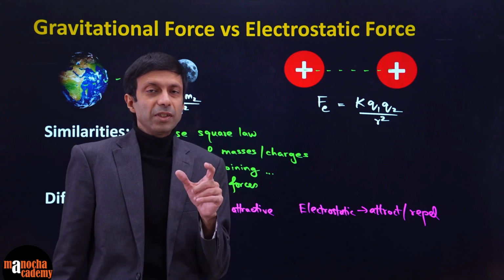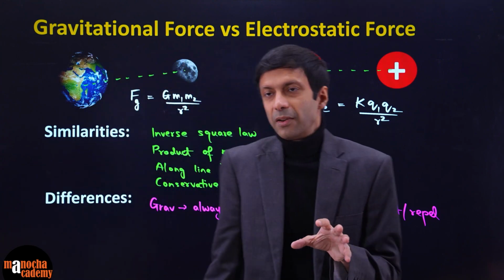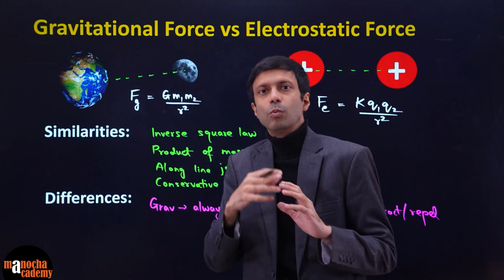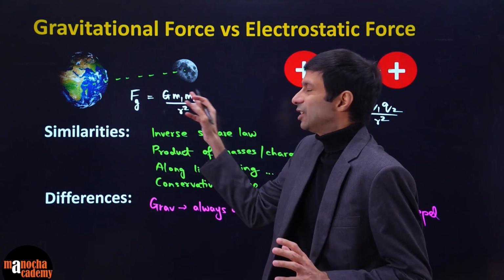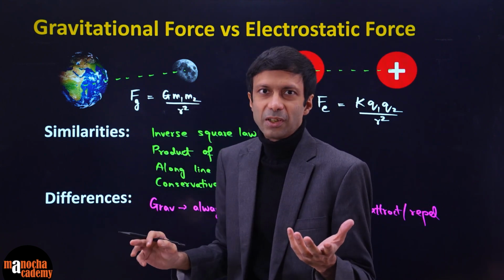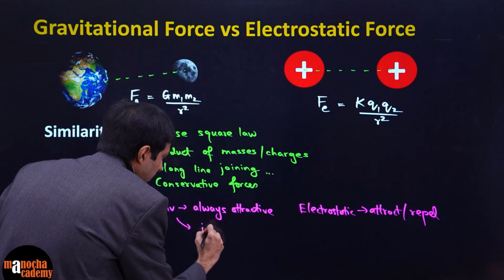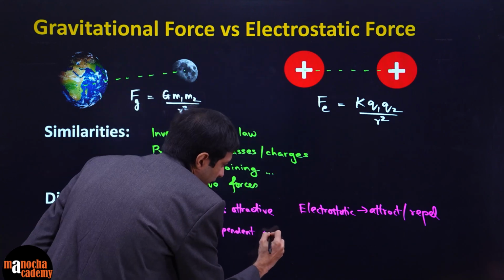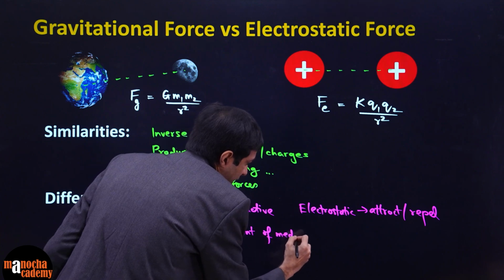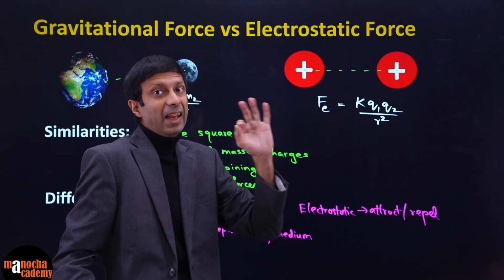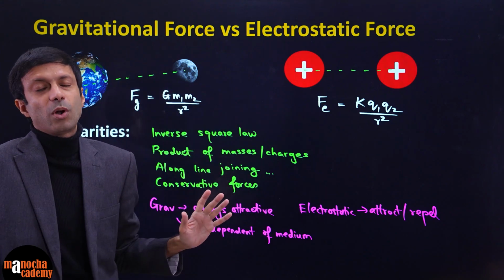What is the other important difference? Gravitational force does not depend on the medium. Whether it is vacuum or there's some material in between, it doesn't matter, because G is a universal gravitational constant. Gravitational force is independent of the medium separating the masses. But for electrostatic force, this constant K is not constant throughout the universe.